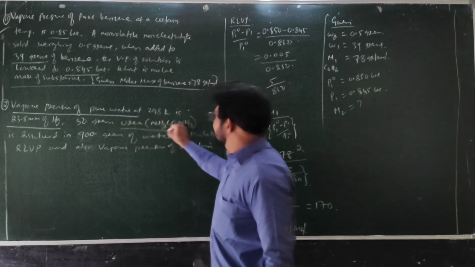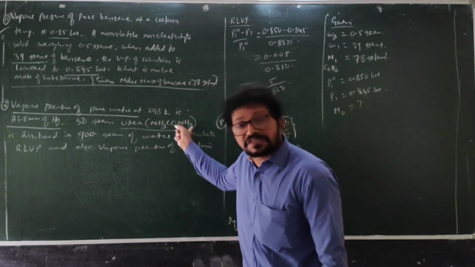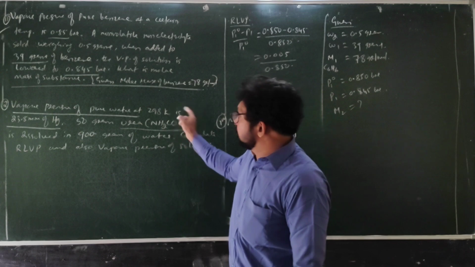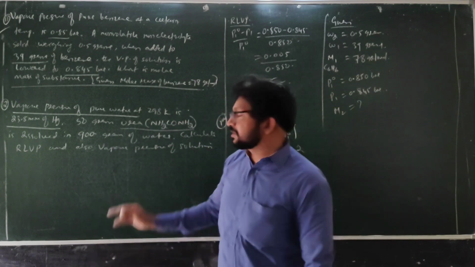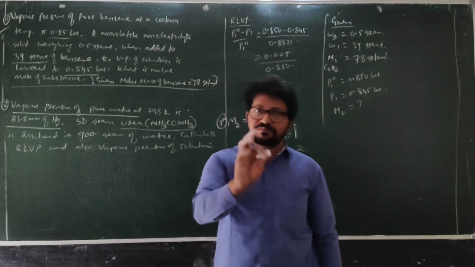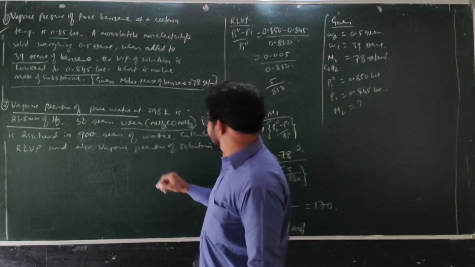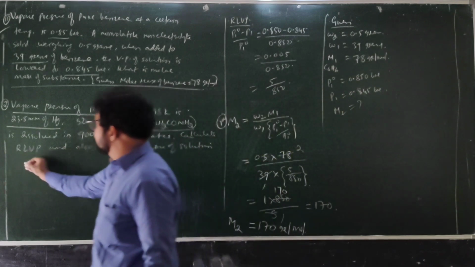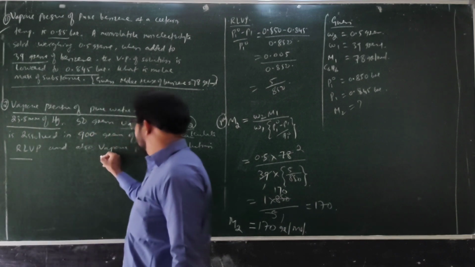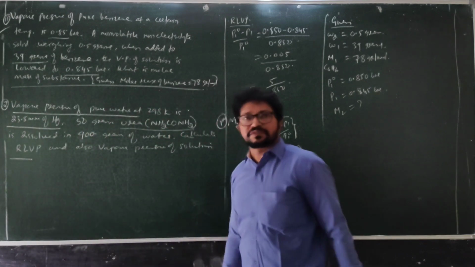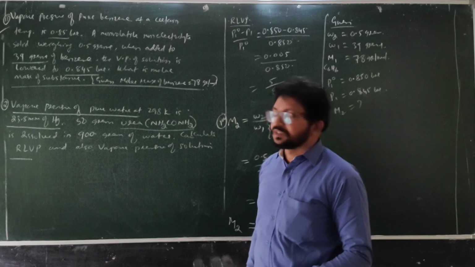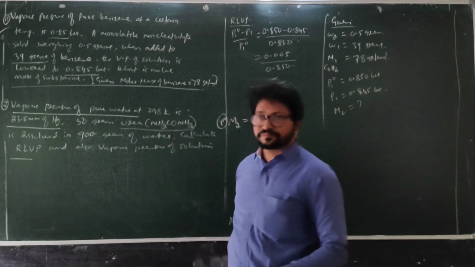50 gram of urea. So they have given the solute. Molar mass is not needed to be given because you know the formula. It is dissolved in 900 gram of water. Calculate relative lowering of vapor pressure and also vapor pressure of solution, because the solvent they have given.